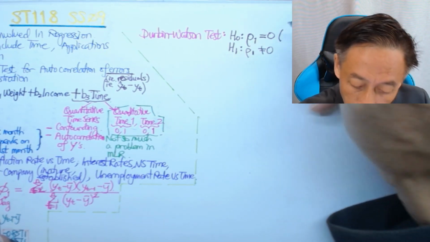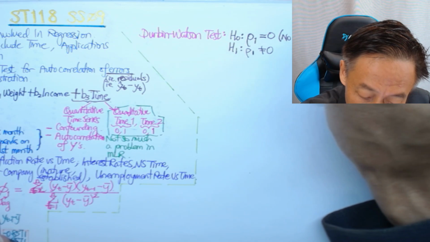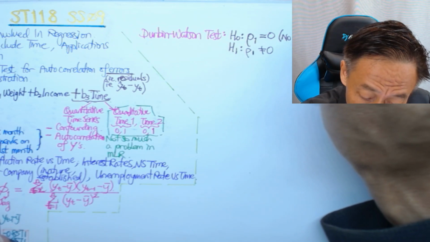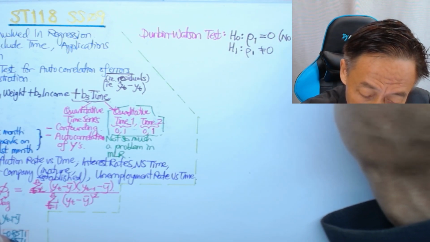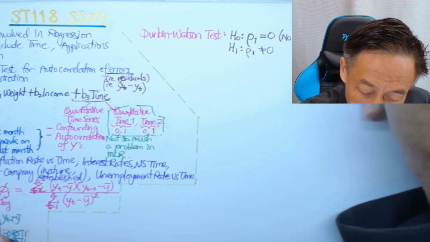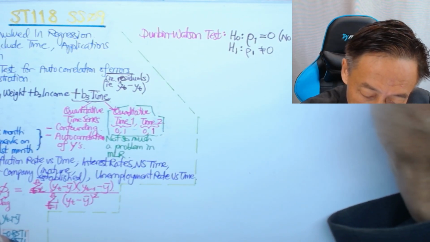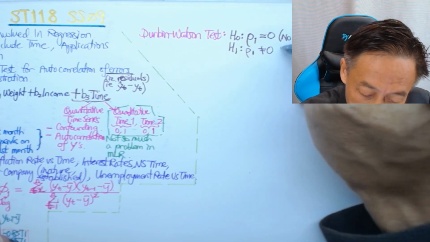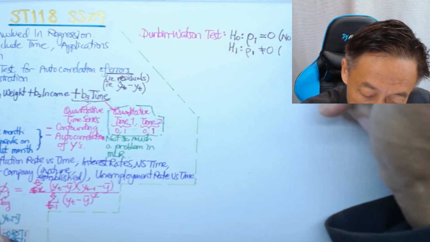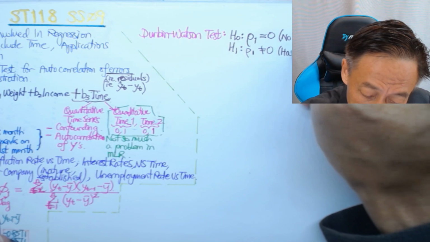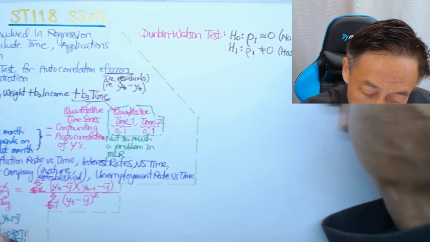So no autocorrelation of order 1, versus has autocorrelation of order 1.